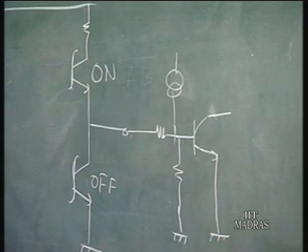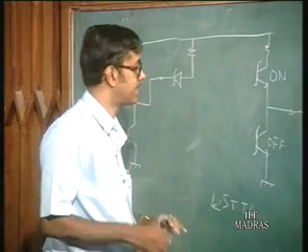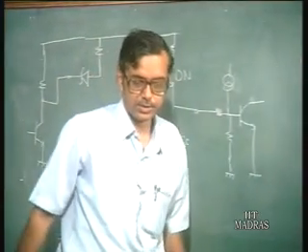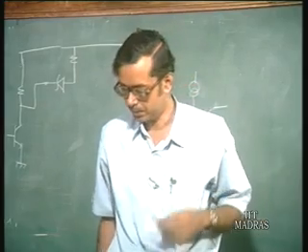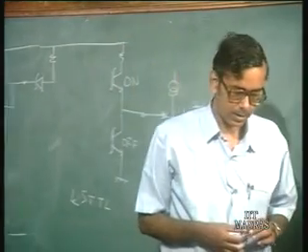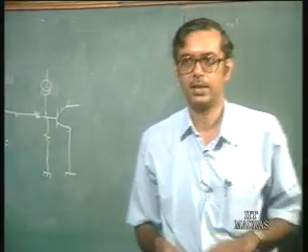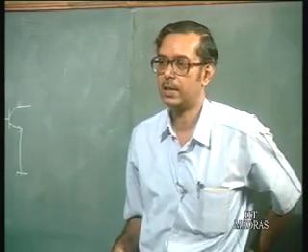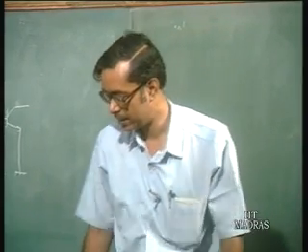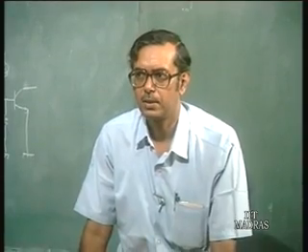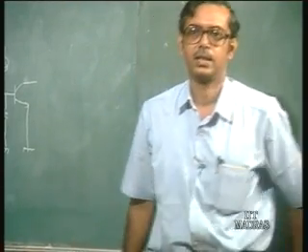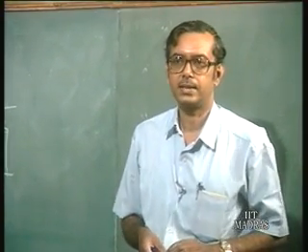So I think this brings us to the end of this topic on I squared L. As I just briefly summarized, it was invented in the early 1970s, in 1971, at the Philips laboratories as a circuit concept.